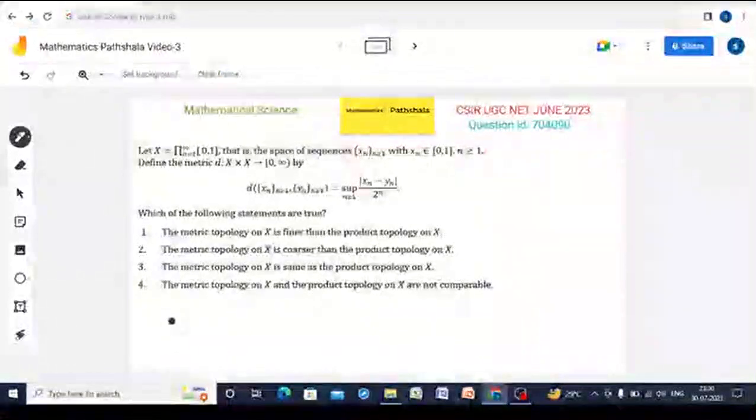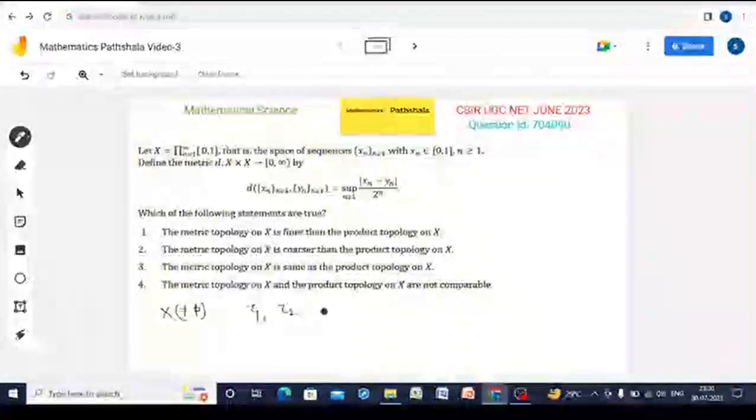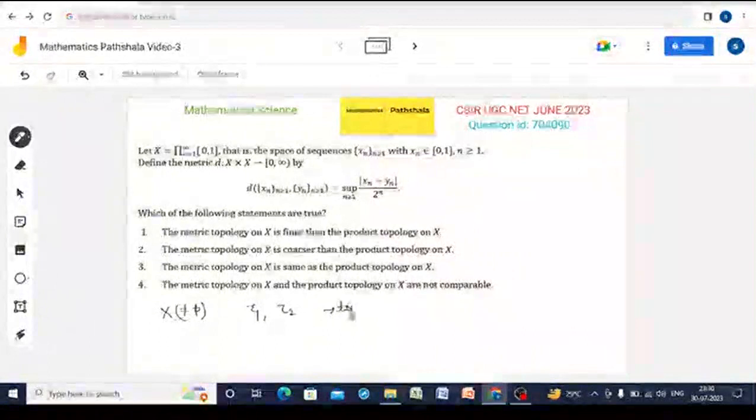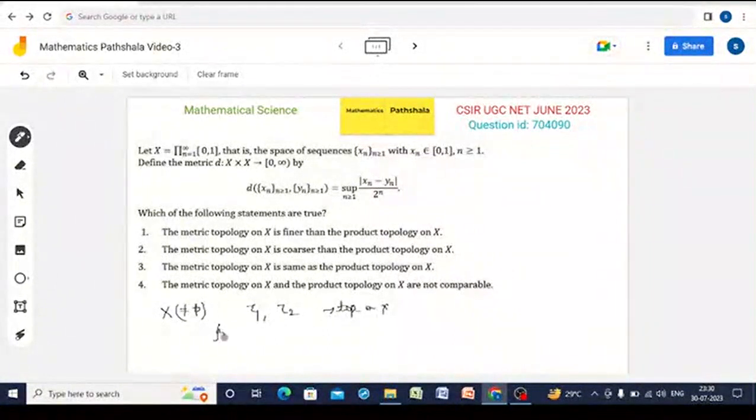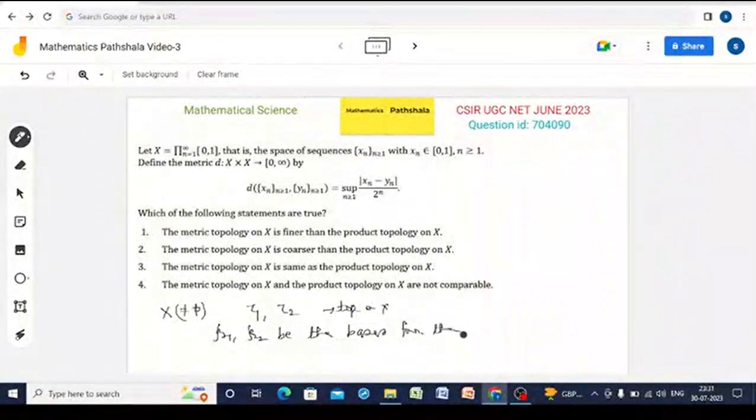Suppose X is a non-empty set and tau 1, tau 2 are two topologies on X, and script B1 and script B2 are the bases for the topologies tau 1 and tau 2 respectively.